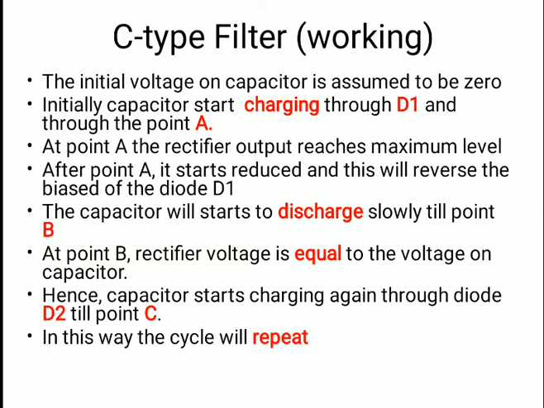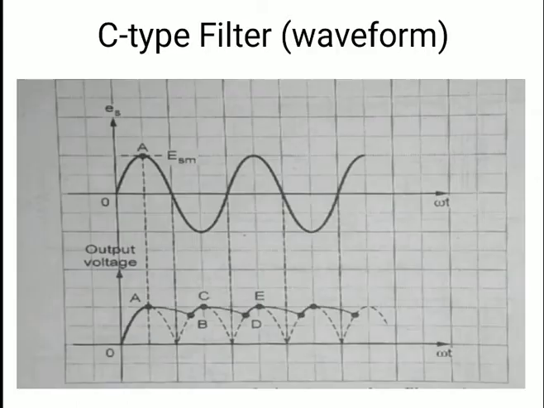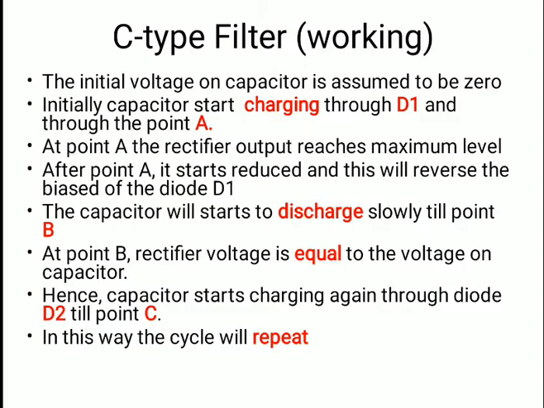After point A it starts to reduce, and this reverse biases the diode D1. The capacitor will start to discharge slowly till the point B.